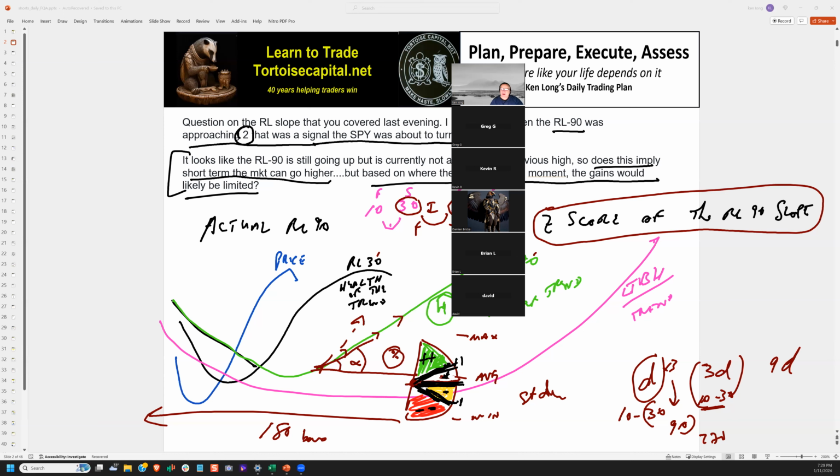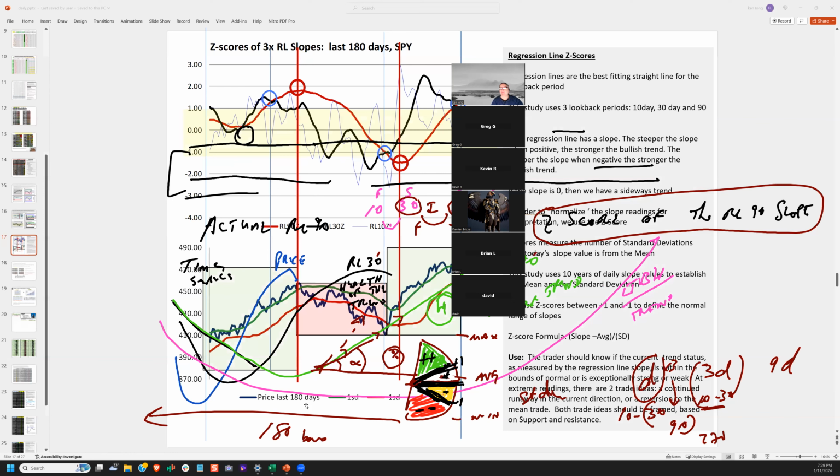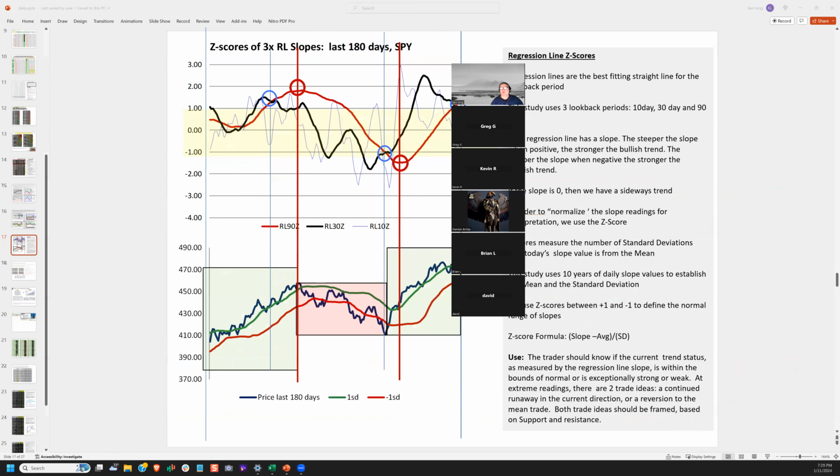We can now plot this as a time series. I'll just show you the chart. We can now track this as a time series and put the slope of three of those four regression lines on the chart.